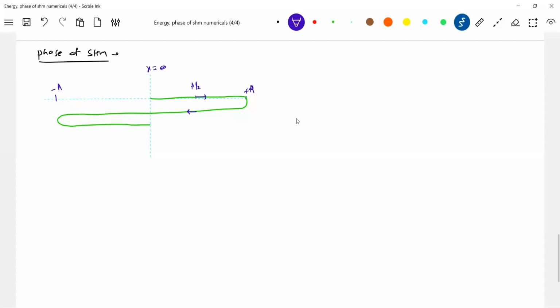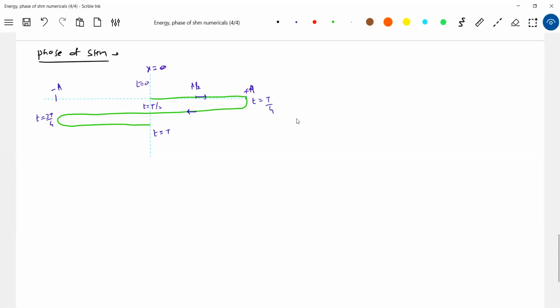How do we differentiate these two instants of time? It will start here at t equals 0. After what time will it be here? t equal to T by 4, T by 2, 3T by 4. This is one more fundamental observation a student is asked to make.